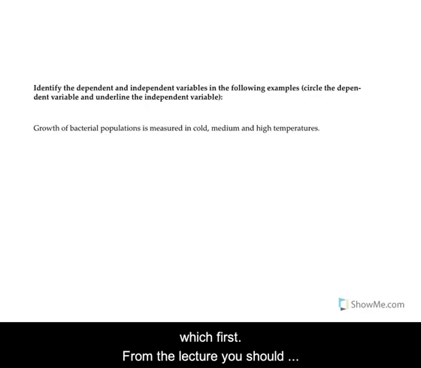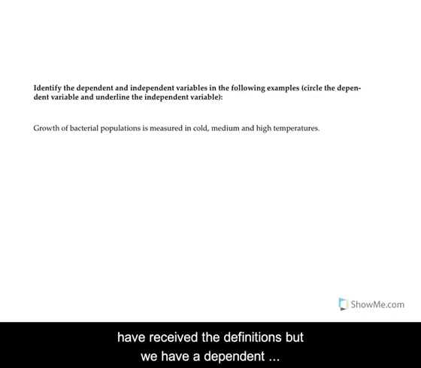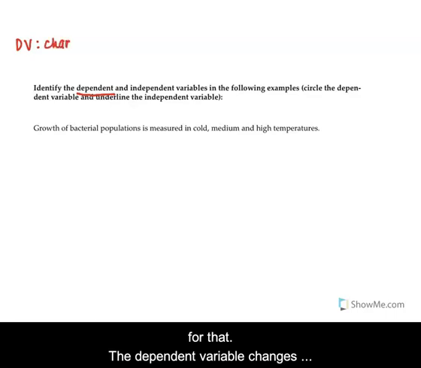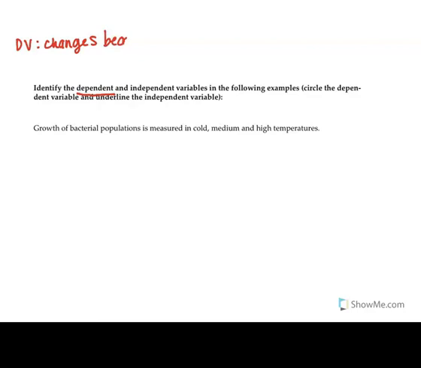From the lecture, you should have received the definitions, but we have a dependent variable in our experiment. And what our dependent variable is, the dependent variable, I'll go ahead and just write shorthand, DV for that. The dependent variable changes because of the independent variable.